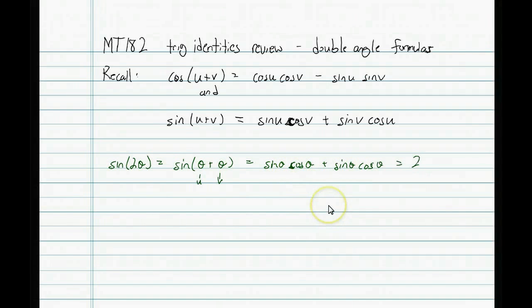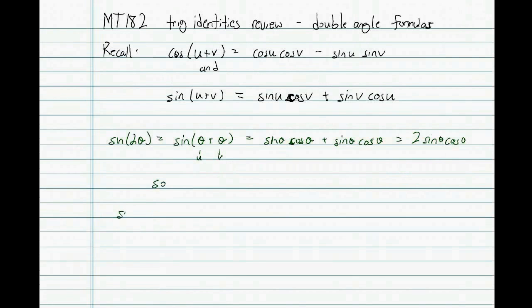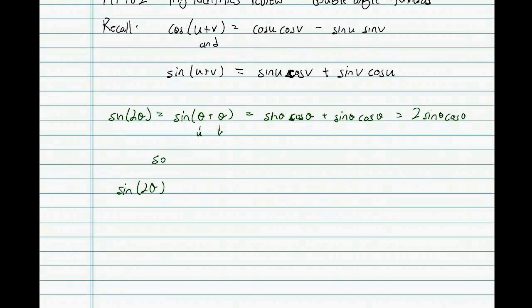So that's 2 sine theta cosine theta. And that's it. The double angle formula for sine is sine of 2 theta equals 2 sine theta cosine theta. There's only one double angle formula for the sine function. There are multiple versions of it for cosine.